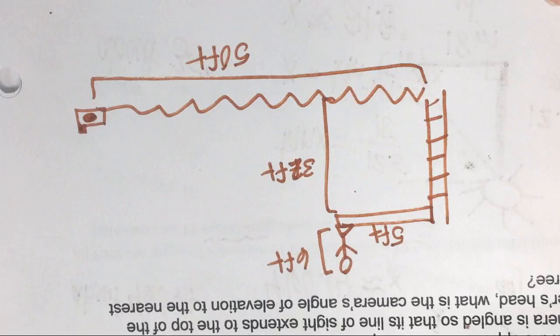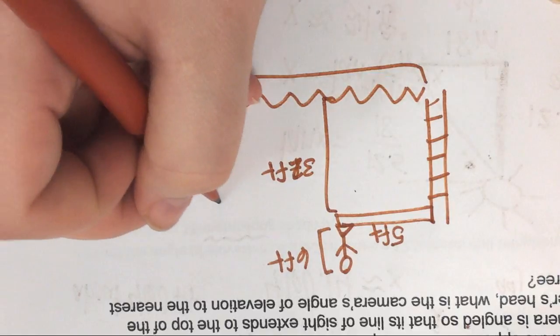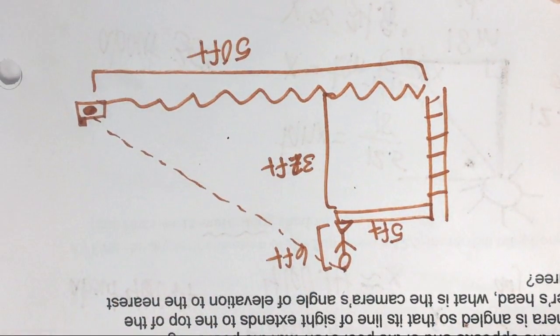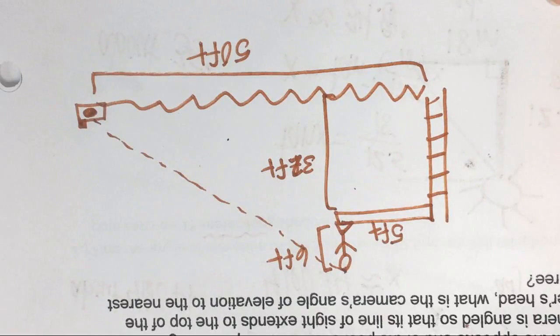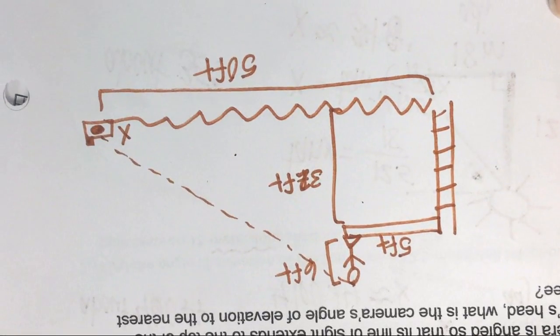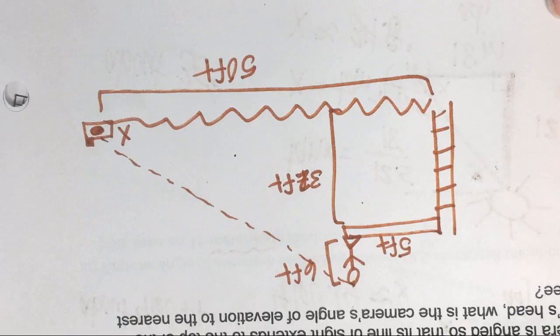If the camera is angled so that its line of sight extends to the top of the diver's head, so somehow I'm taking a shot of that diver's head. It asks, if the camera is angled so the line of sight extends to the top of the diver's head, what is that camera's angle of elevation? So we're looking for that angle down here. What is the angle of elevation to the nearest degree?